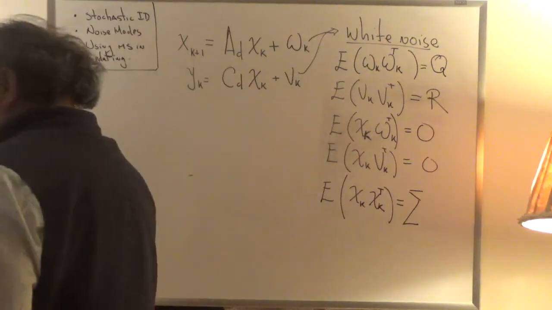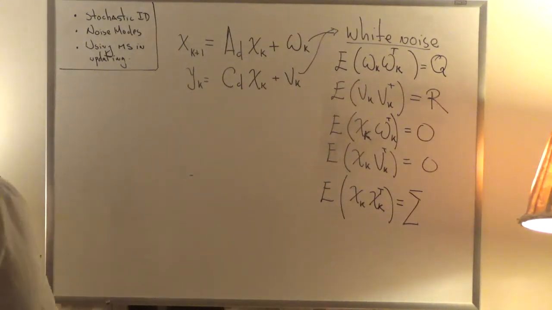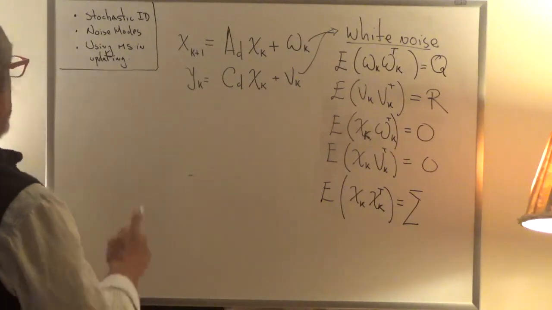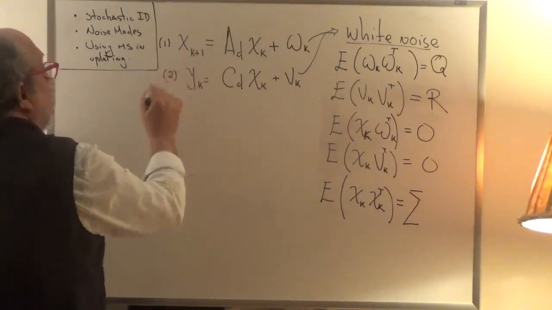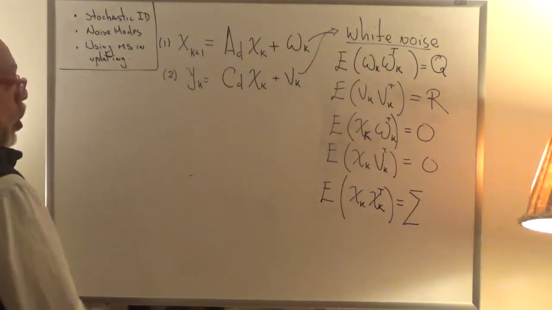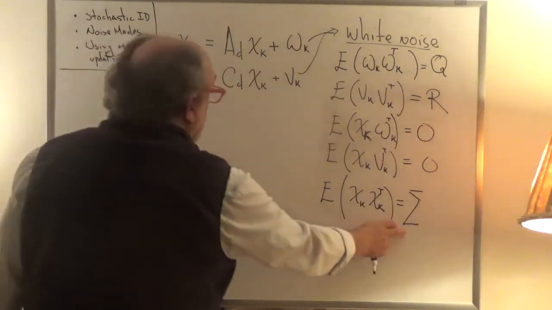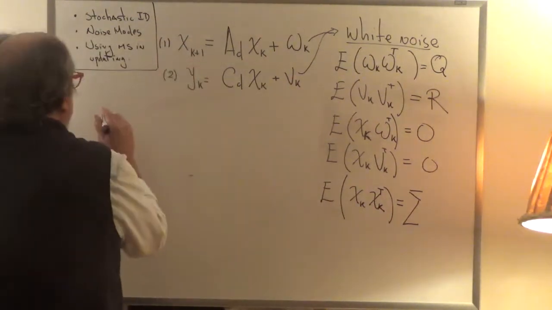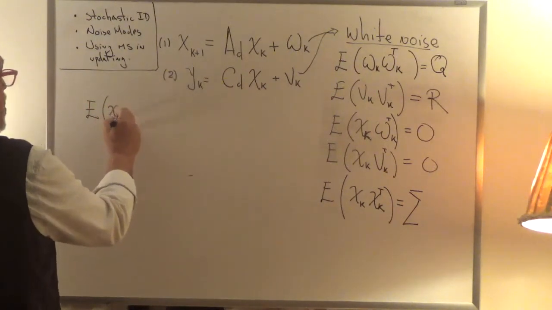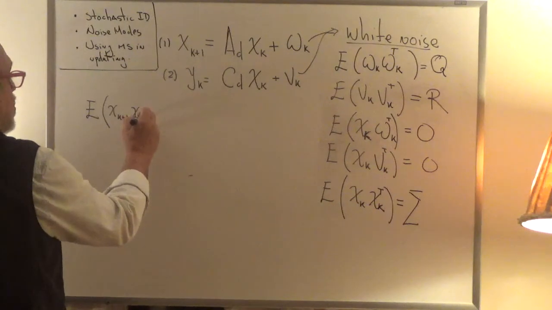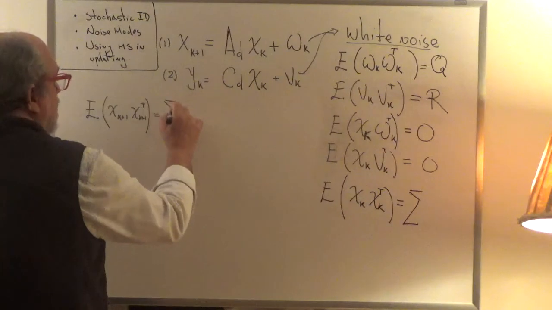Okay, so with those assumptions, then we just need to do some algebra and derive what we want. So we begin, let's say this is equation 1 and this is equation 2. We begin by looking at this. Since this is independent of k, then I can say that the expected value of xk plus 1 times xk plus 1 transpose is also equal to this, right?